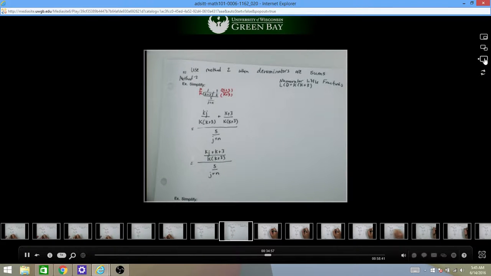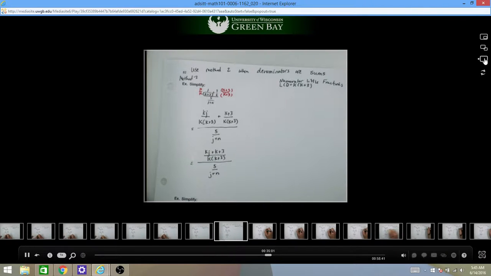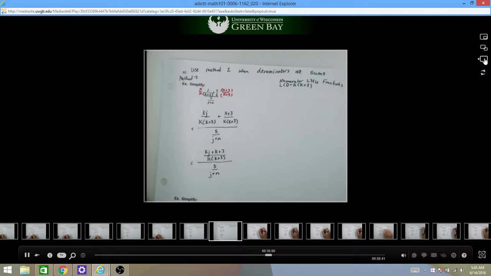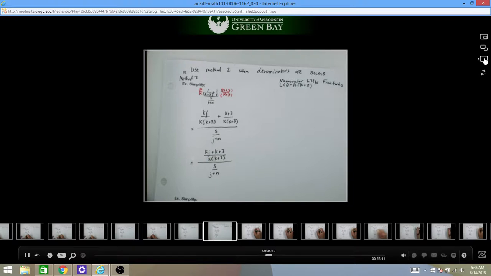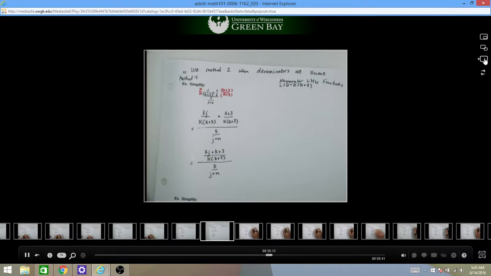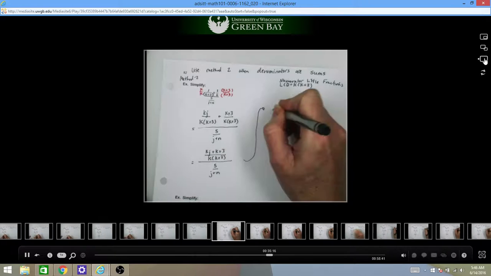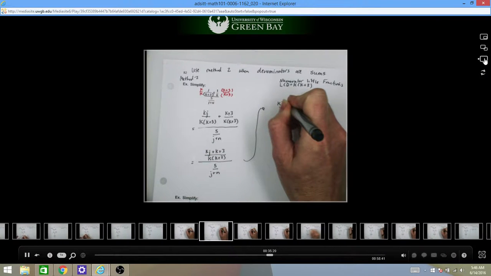So now you can go ahead and flip the bottom fraction over and multiply it times the top fraction. So leave the top fraction the way it is, kj plus k plus 3 over k times (k plus 3).